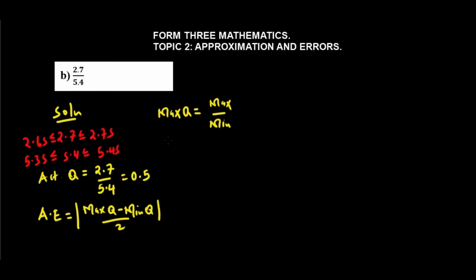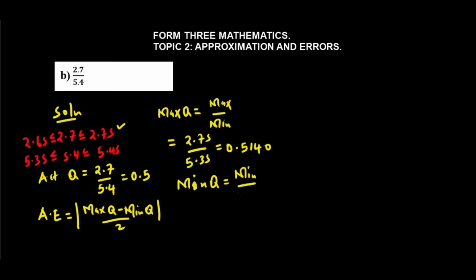So for the maximum quotient we are going to have the maximum of the numerator, which is 2.75, over the minimum of the denominator, which is 5.35. When this is worked out, we should be getting 0.5140.